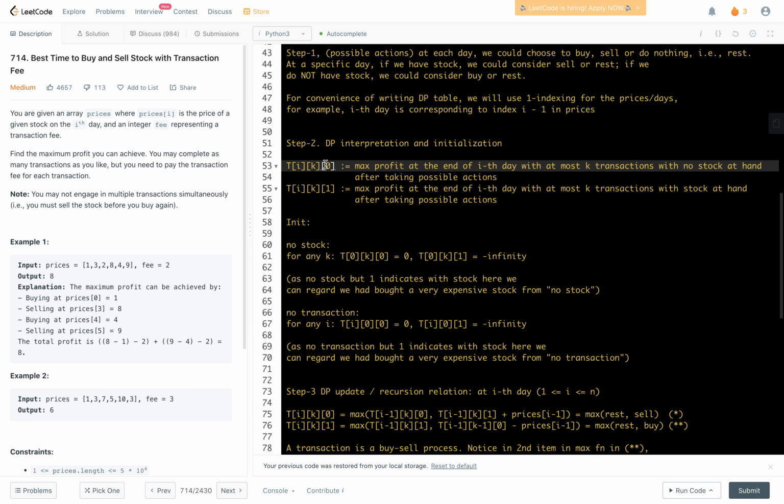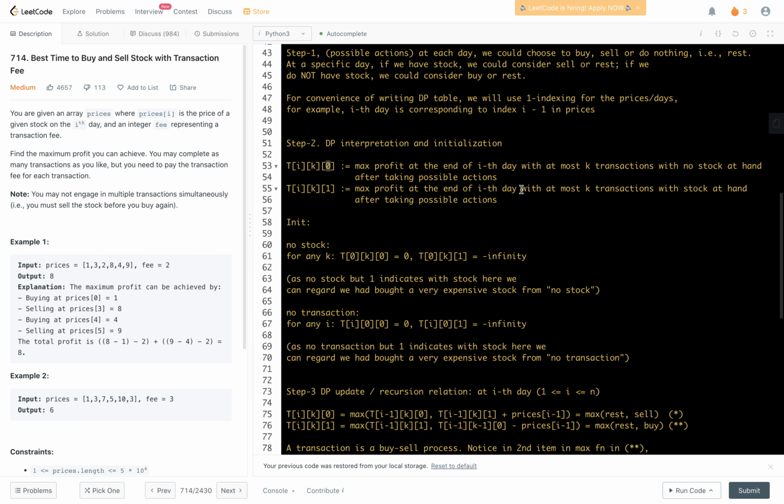Here we involve three indices: i, k, and s. s is the state, so either we hold stock, that is 1, or we do not, that is 0. i is the day, and k is the number of allowed transactions. So T[i][k][0] is the max profit at the end of day i, with at most k transactions, and with no stock at hand after taking possible actions, that is the 0 here.